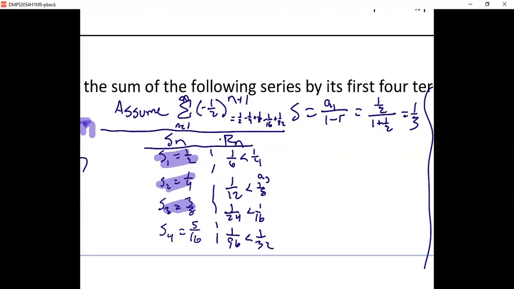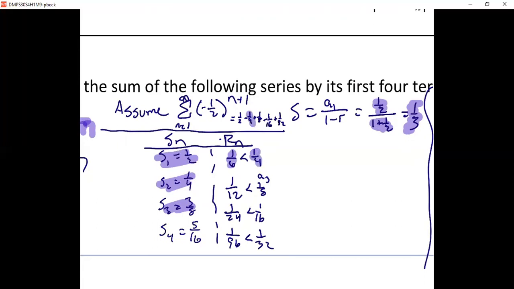So the first partial sum, if I look at the difference between it and the actual sum, and I do know the actual sum because this is geometric, the actual sum is positive 1/2 over 1 minus negative 1/2, which ends up giving us 1/3. The difference between 1/2 and 1/3 is 1/6, which is less than the next term.